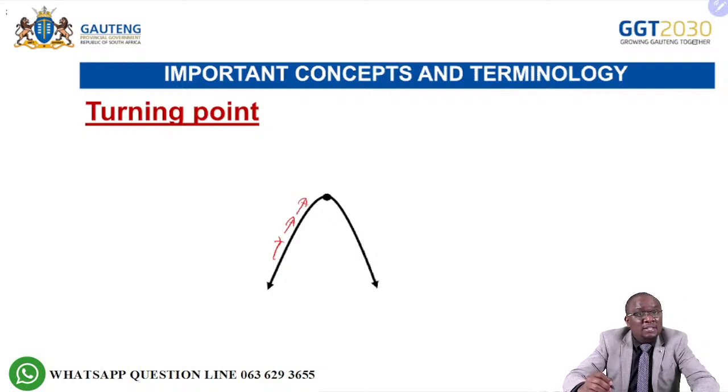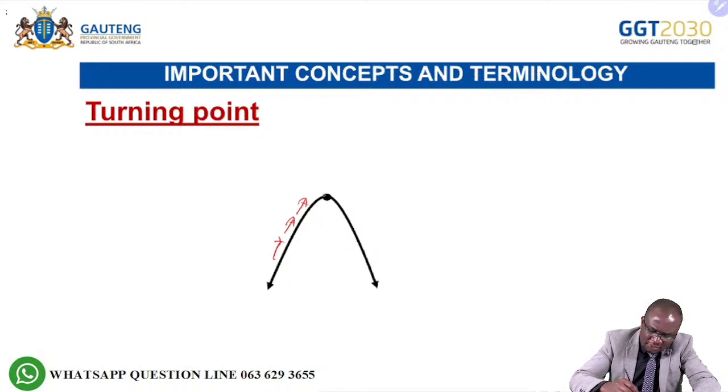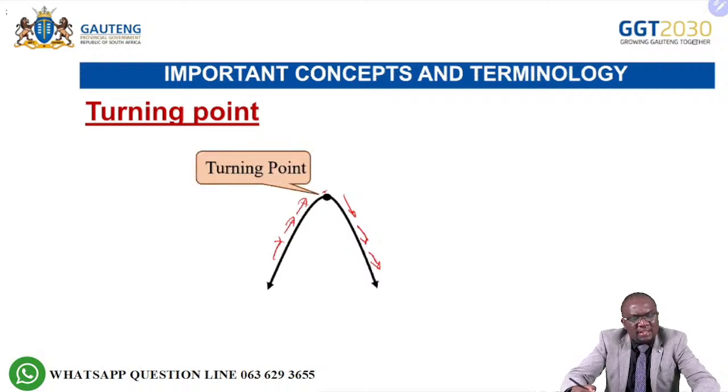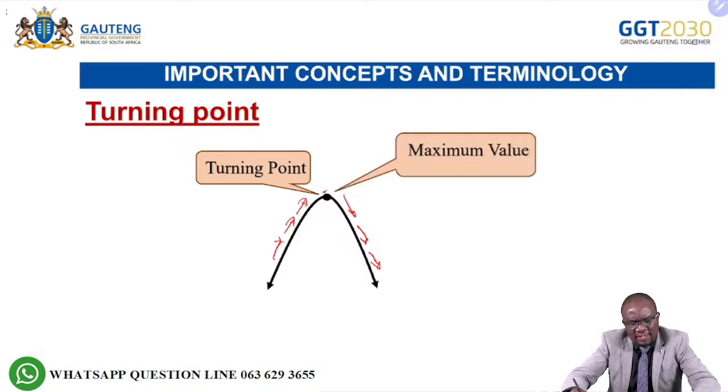We use those terms; you must know them. Where is the graph increasing? Where is the graph decreasing? Then when it gets to this point, it turns and is now decreasing. So that is the turning point. Is this point going to be maximum or minimum? For a concave down graph, that is the maximum value.